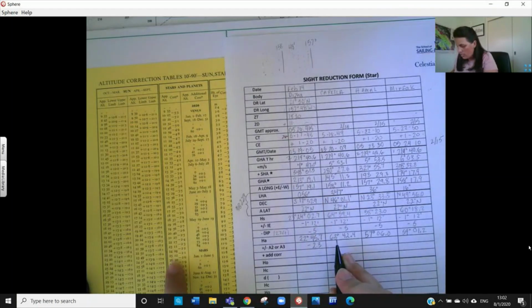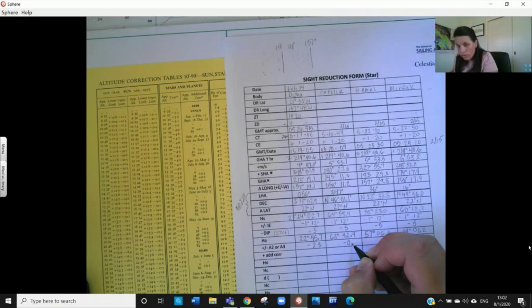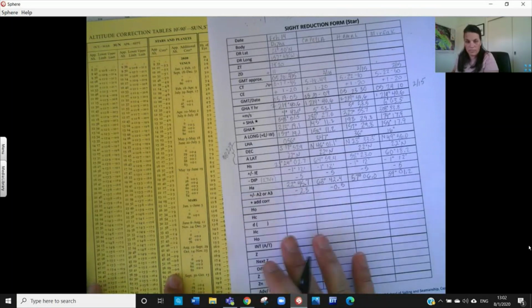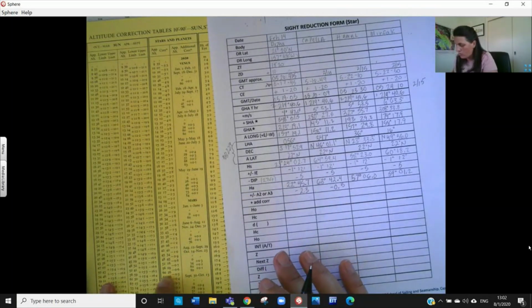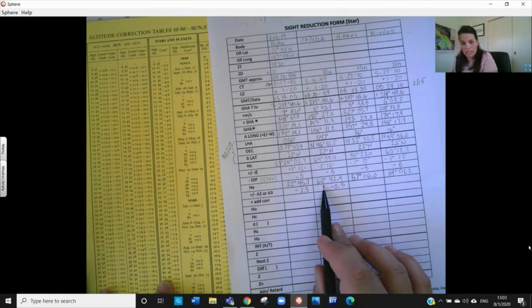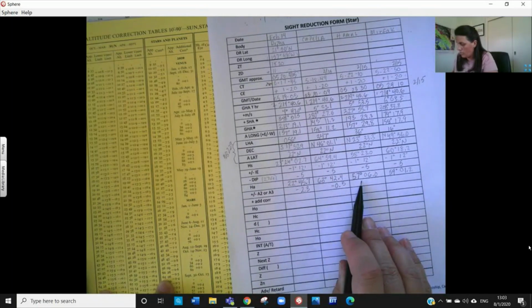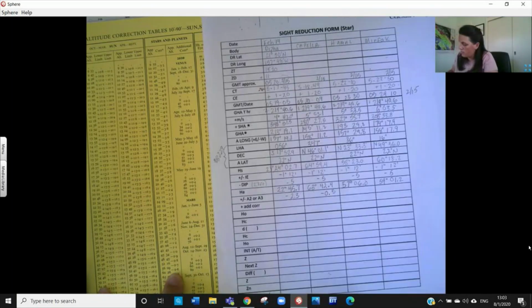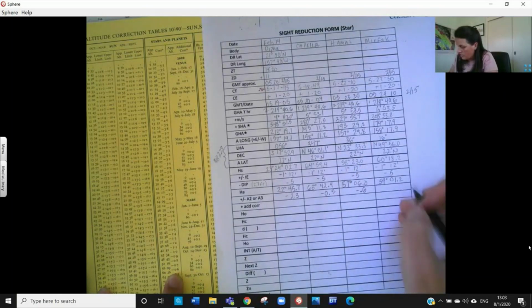Here I have 63, in between 60 and 65, so I have a correction of minus 0.5. Apparent altitude here was 57 degrees, in between our 56 and our 60, so we have minus 0.6. And our 59 is the same, minus 0.6.